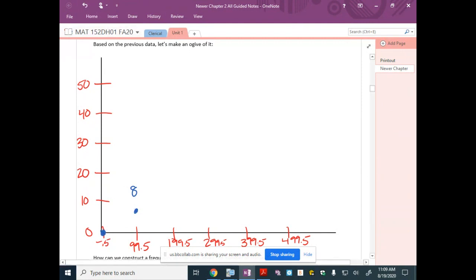Oh, that's the only thing I don't like about this little pen pad. It's kind of hard. So what about the next one? Well, there were 23 altogether. I mean, there were 23 between this, but what was the cumulative? 31.